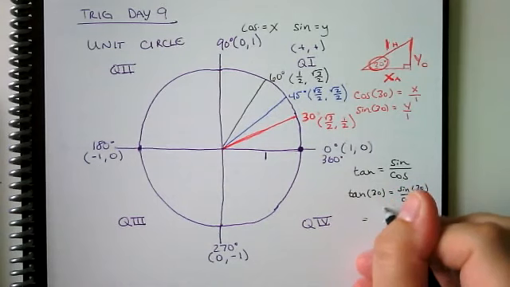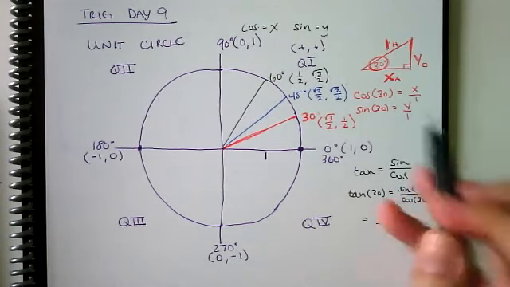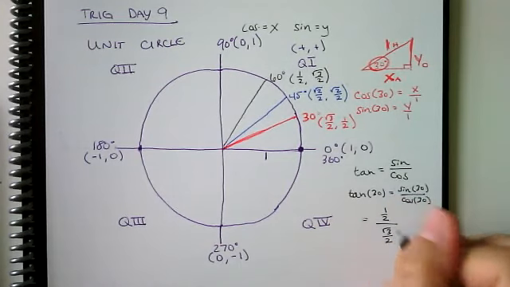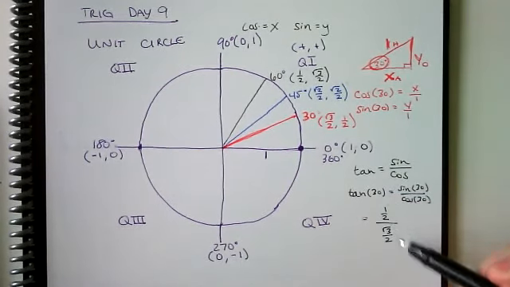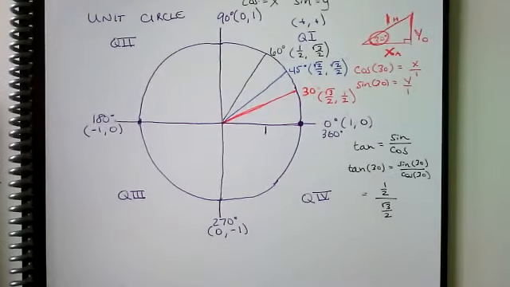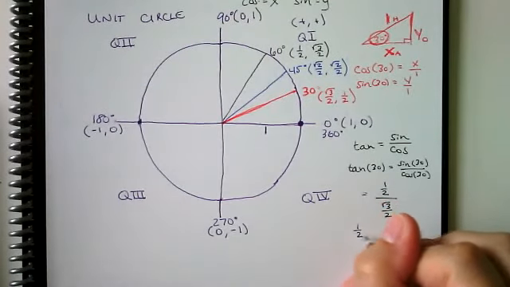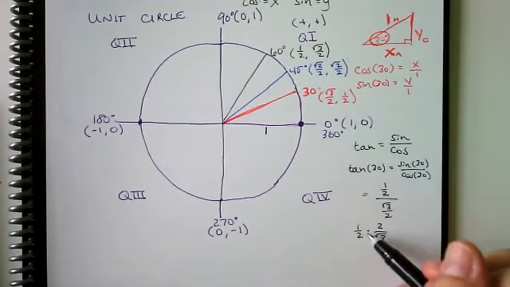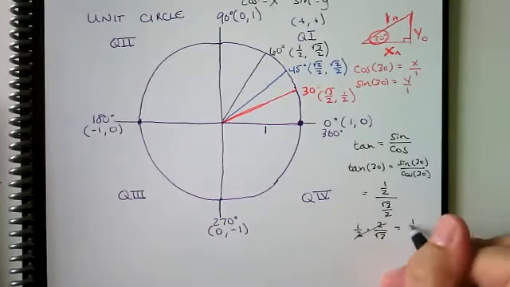So I've got 1/2 divided by cosine of 30, which is square root of 3 over 2. So now when I'm dividing these, remember, if I'm dividing two fractions, it's just keep, change, flip. So I keep the first fraction 1/2. I multiply by 2 over the square root of 3. These 2's cancel. I get 1 over the square root of 3.